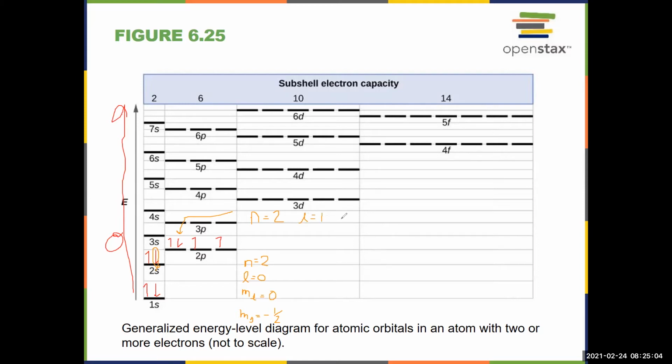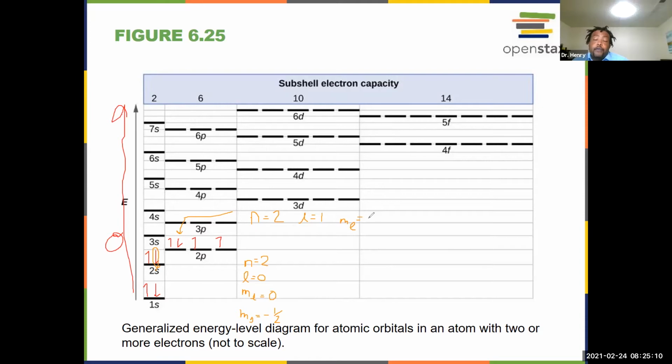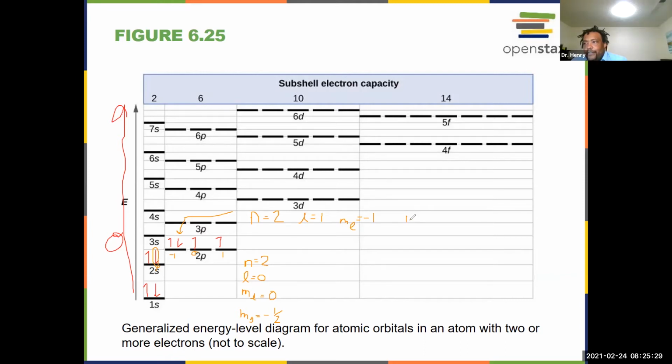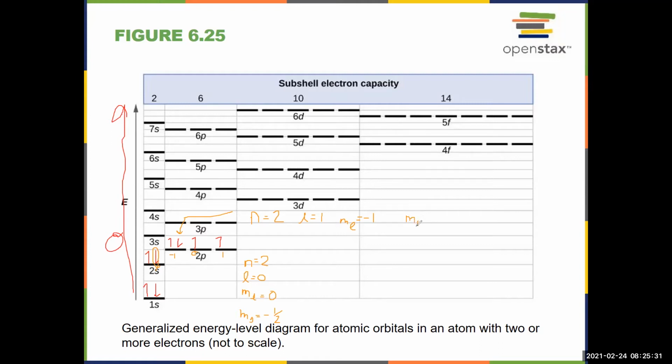And then for ml, would it be -1 to 1? Or just, wait, so this guy would be your -1. This guy would be your 0. And this guy would be 1. Gotcha. So -1. And then our ms is -1/2.